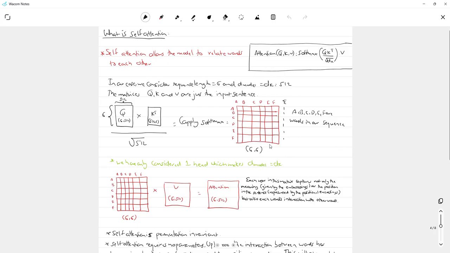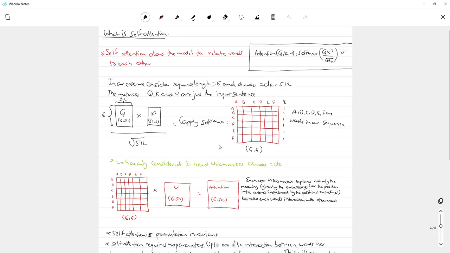The raw attention scores are also divided by the square root of d_k, which is 512. The scaling factor stabilizes the gradients during training, preventing very large values from dominating. Also, we apply the softmax function to each row of the scaled 6 by 6 matrix.